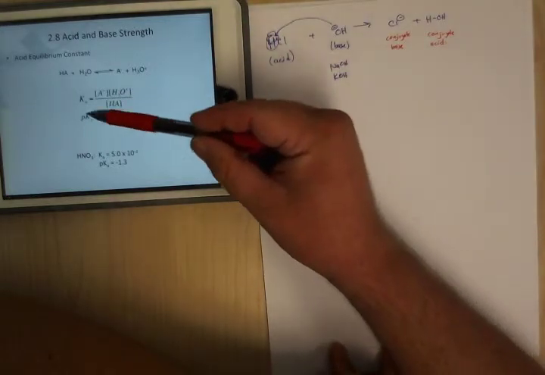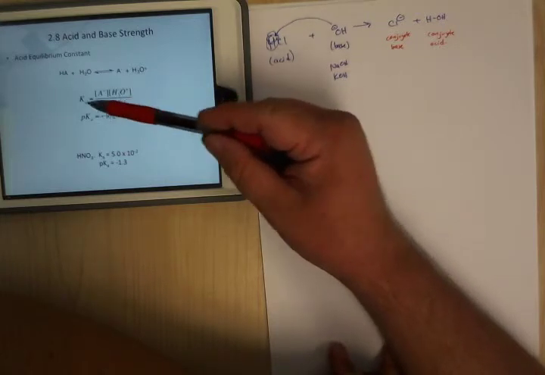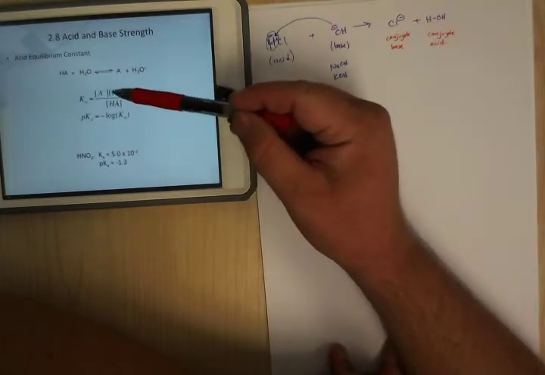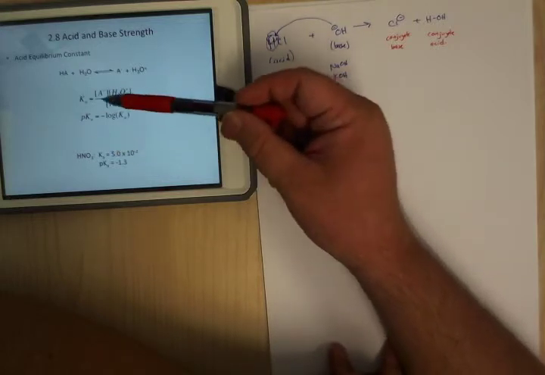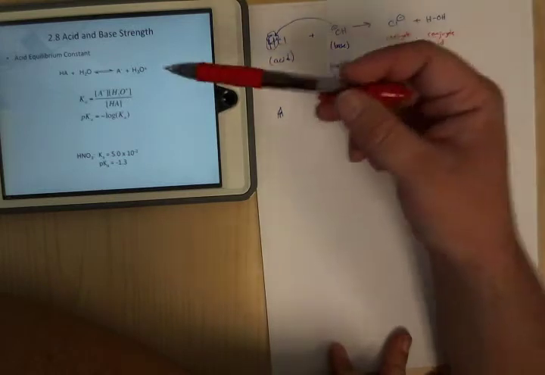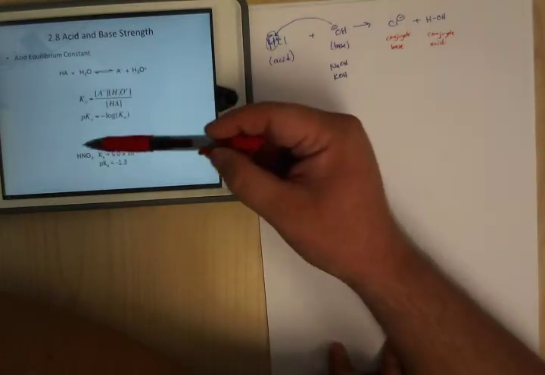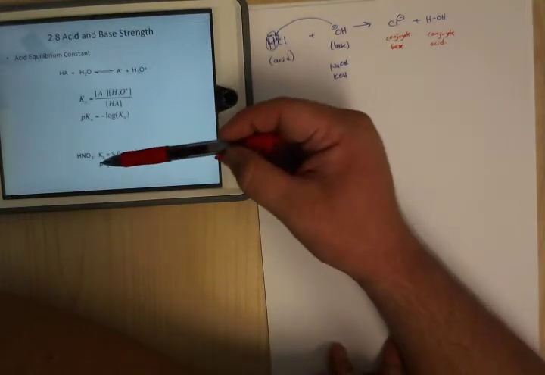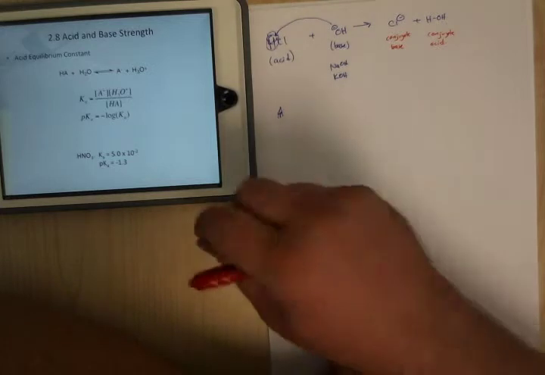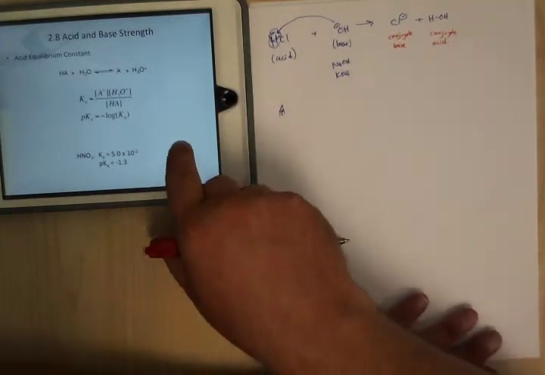And the pKa is just the negative log of this. If we isolate the H, we get the pH. For nitric acid, the Ka is this, so we can plug that value in and get a pKa of negative 1.3. Not too bad, just shades of general chemistry.